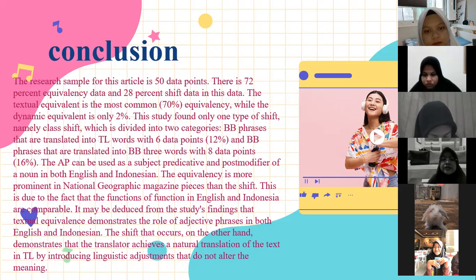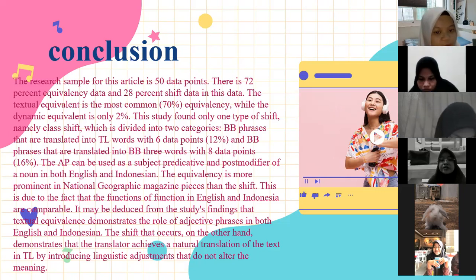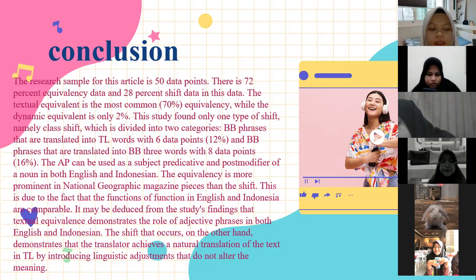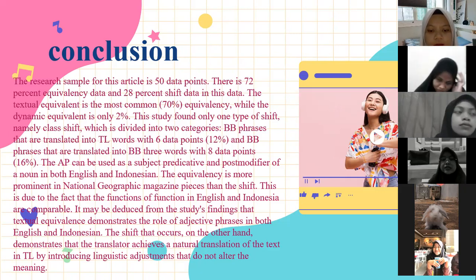It may be deduced from the study findings that the textual equivalence demonstrates the role of the adjective phrase in both English and Indonesian. The shift that occurs, on the other hand, demonstrates that the translation achieves a natural translation of the text in the target language by introducing linguistic adjustments that do not alter the meaning.